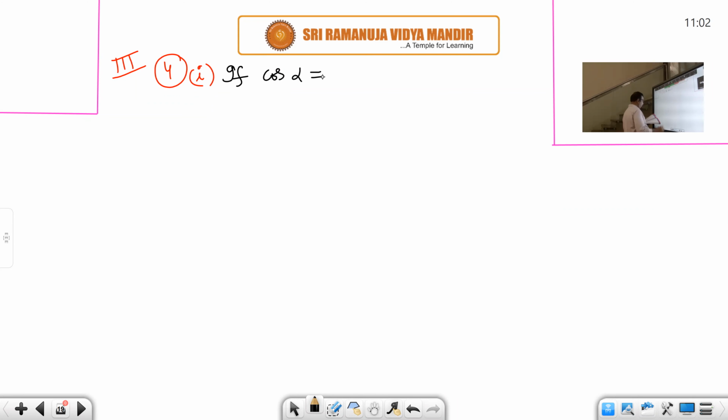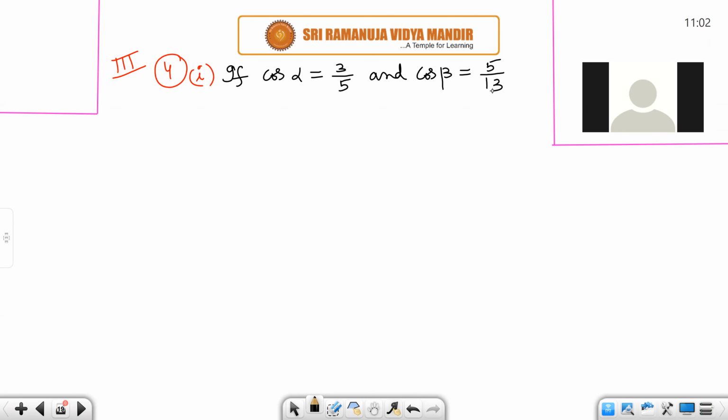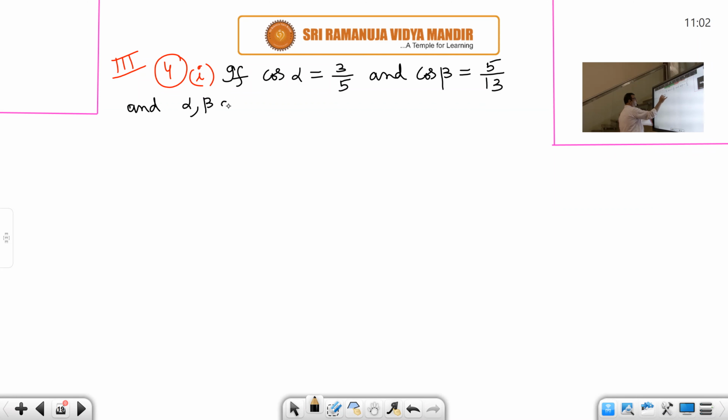If cos alpha is equal to 3 by 5 and cos beta is equal to 5 by 13, and alpha, beta are acute angles.